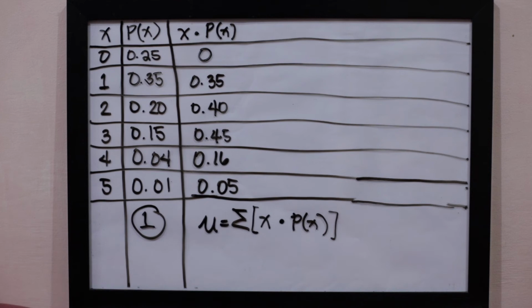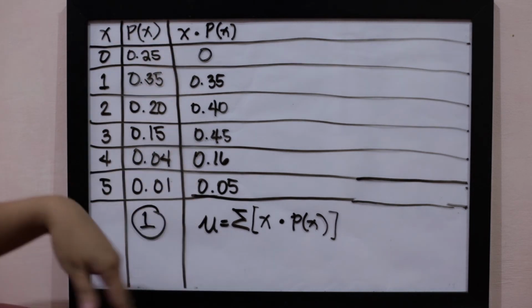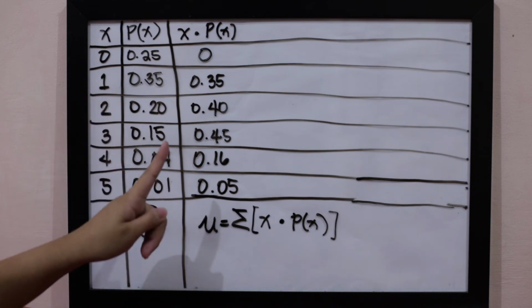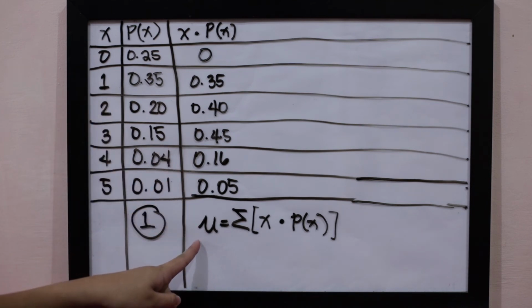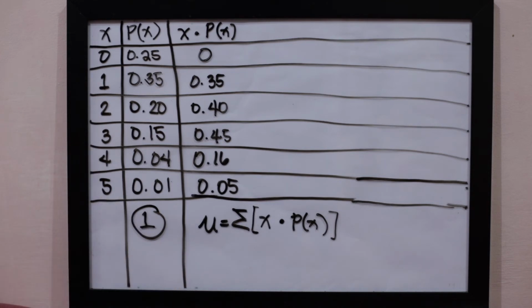So, now that we already have the values for x multiplied by the probability of x, all we have to do is get the summation of this, or you add this up, and then we can now get the value of your mu or the mean for this example.